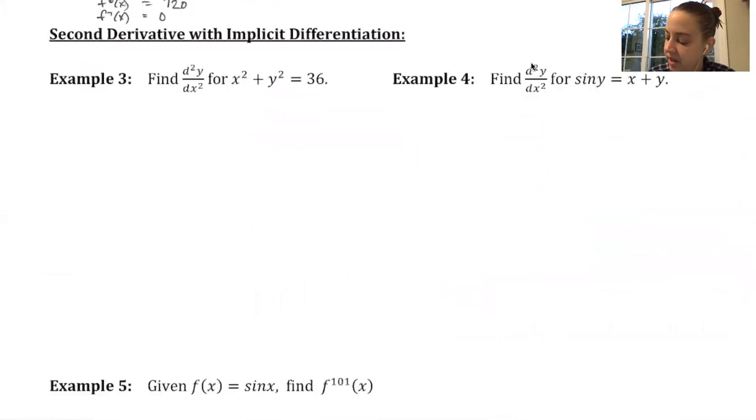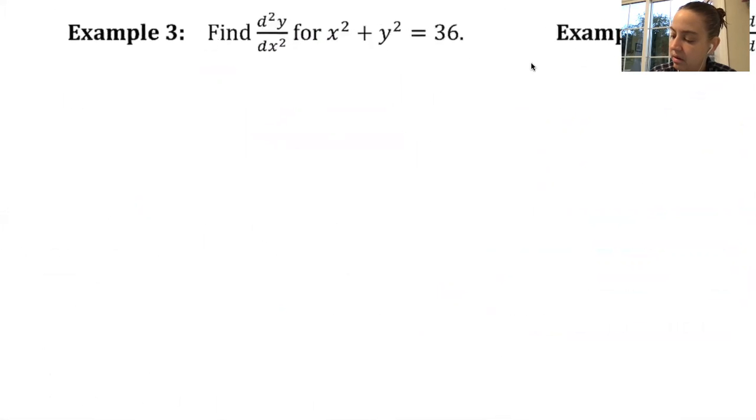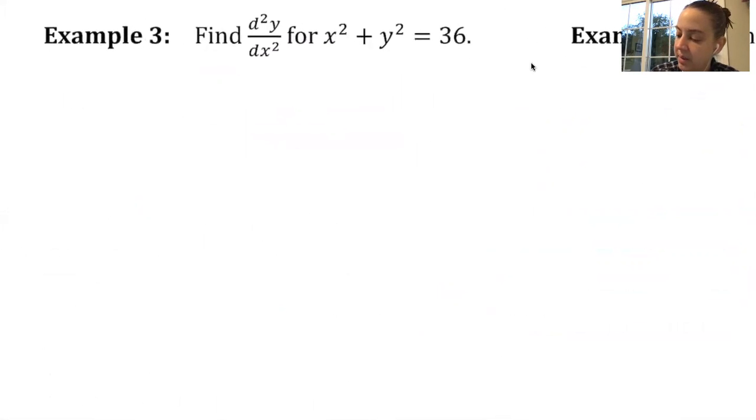Implicit differentiation. Now, these get a little bit more involved. I'm going to zoom in here because we're going to need some space. Find the second derivative for x squared plus y squared equals 36. So implicit differentiation says the derivative of x squared is 2x plus 2y dy dx is equal to 0.